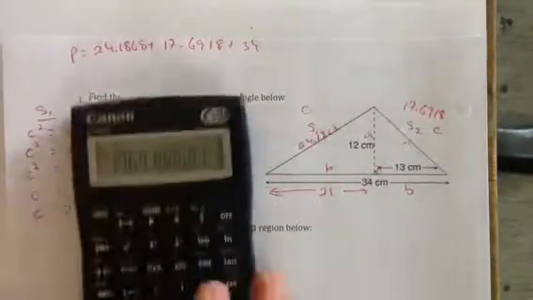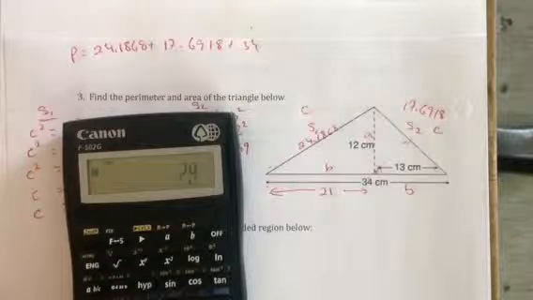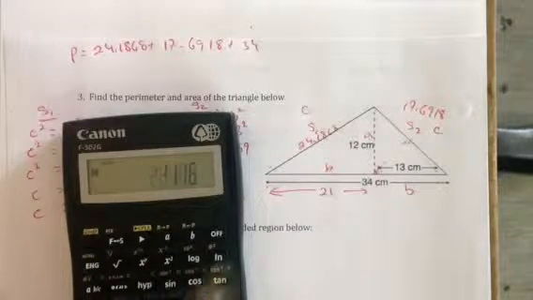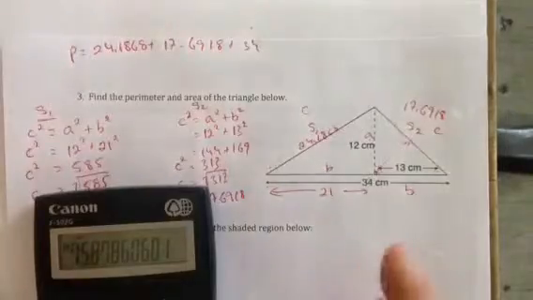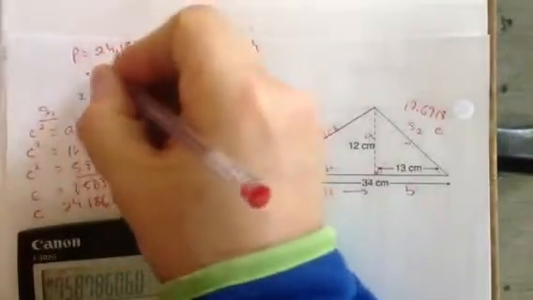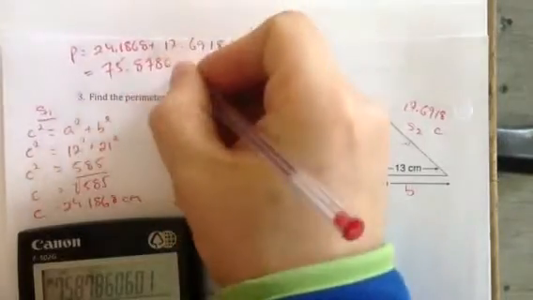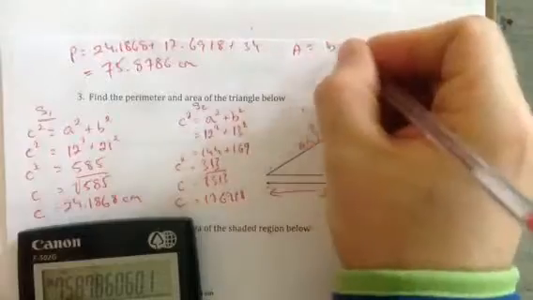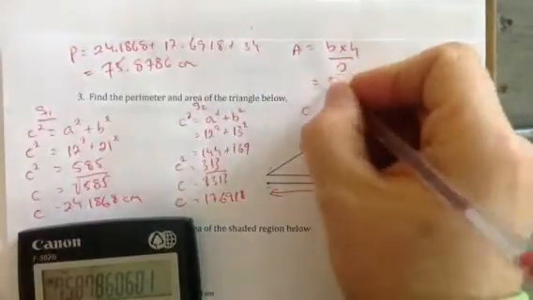Okay, so I already have a 17.69 in my calculator, so I'm just going to add that to 24.1868 plus the 34 is equal to 75.8786 centimeters.